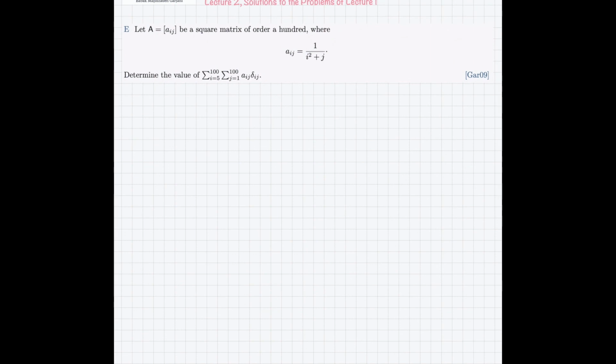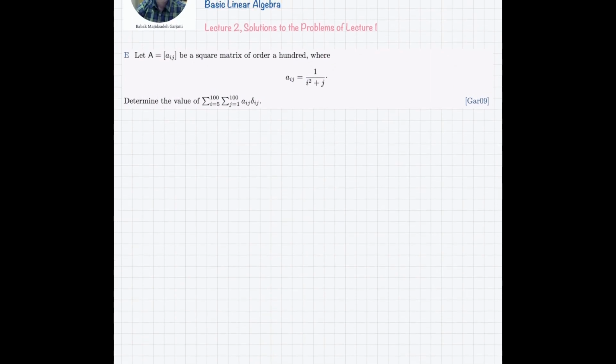So the next problem is also very simple now, because I'm supposed to calculate this double sum. Yes, and then I have A as a square matrix of order 100. So you see the indices run from 1 to 100 here, from 5 to 100 here, and then I'm supposed to calculate this. Okay, so let me rewrite this one for you.